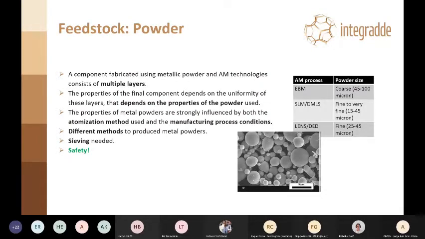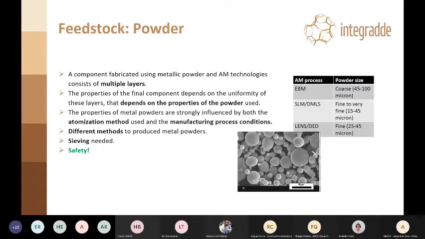As you already know, we are using both powder and wire as feedstock. The component that we are fabricating by additive manufacturing consists of different layers, so the properties of the final component depend on the uniformity of these layers.